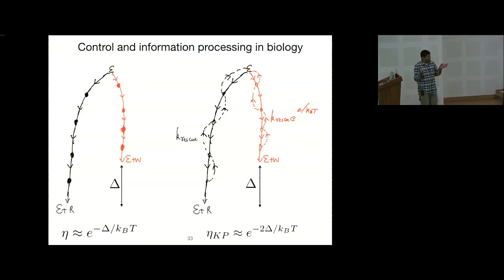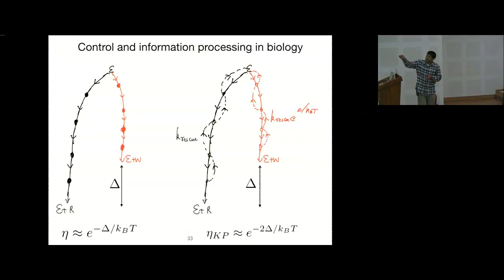And the word proofreading comes in because in some sense the intuition here is that the enzyme sits and looks at the state that it has gone to, and it proofreads and figures out, it has a mechanism to take a step back. If the proofreading process is efficient, it takes a step back mainly when it's along this chunk, and it lets the system flow through when it's along this chunk.